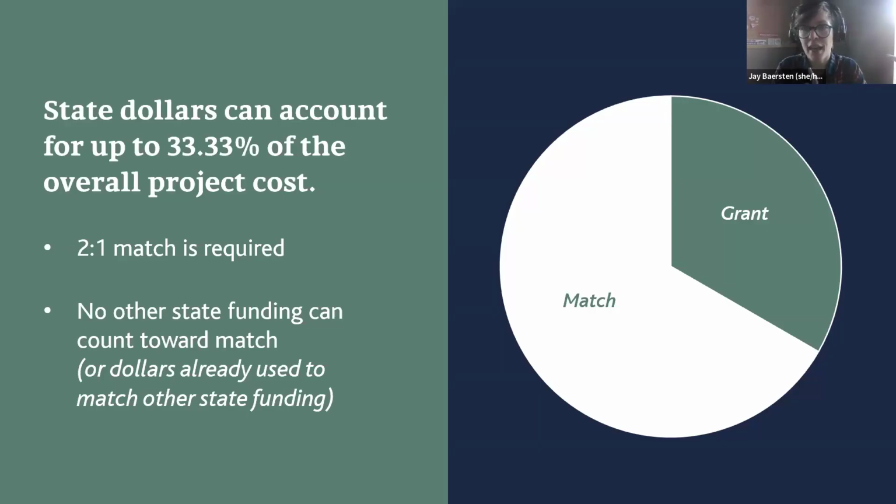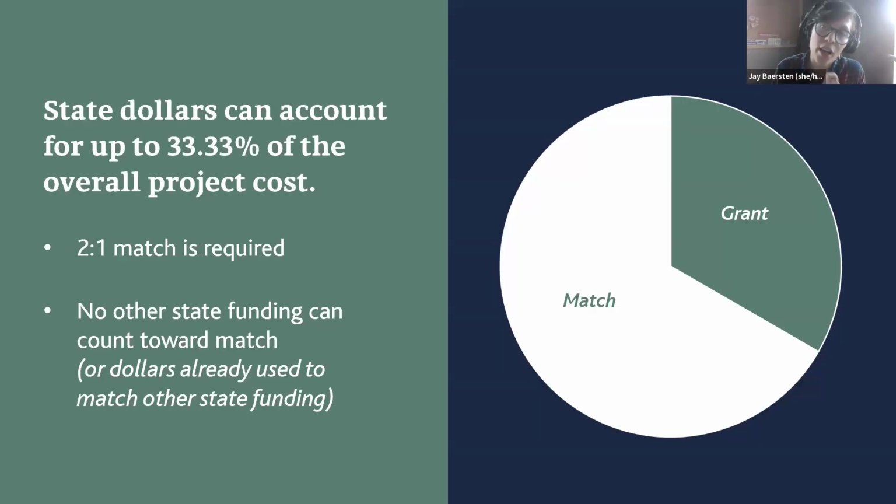For every dollar that you receive in grant funding, you must spend two other dollars from some other source, whether that's income that you've earned through programs or rentals or donations from your members, or a grant from a local source or a federal source.